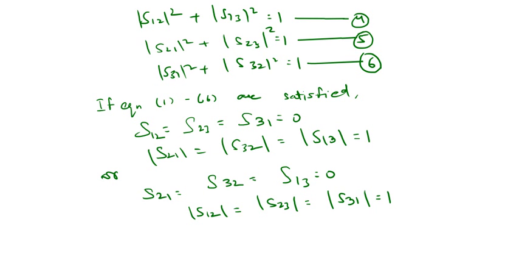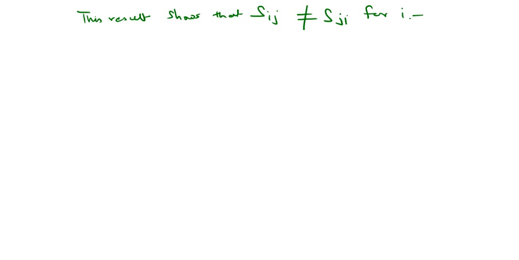So this result shows that Sij is not equal to Sji for i not equal to j.